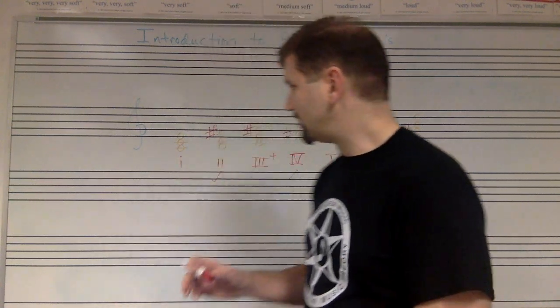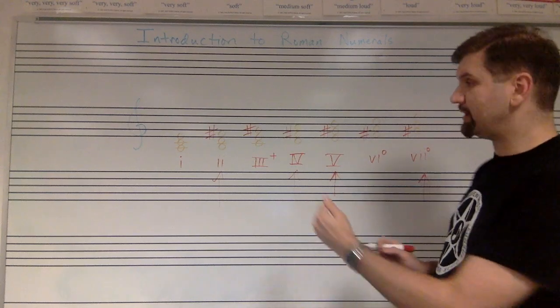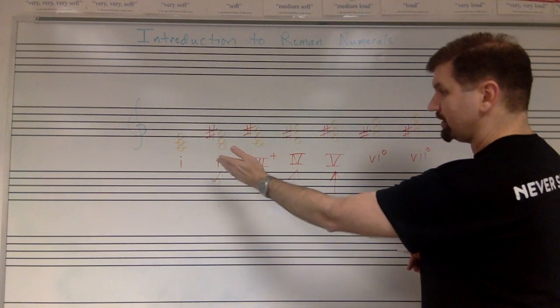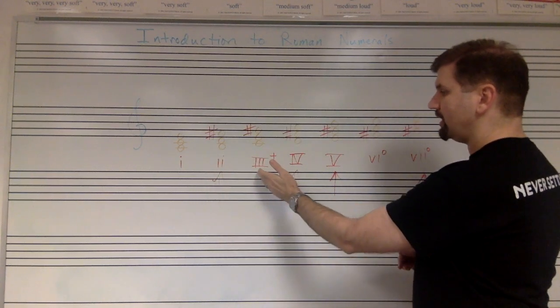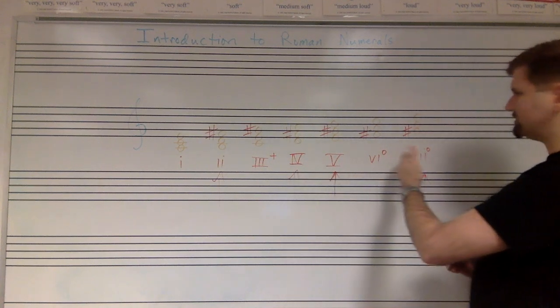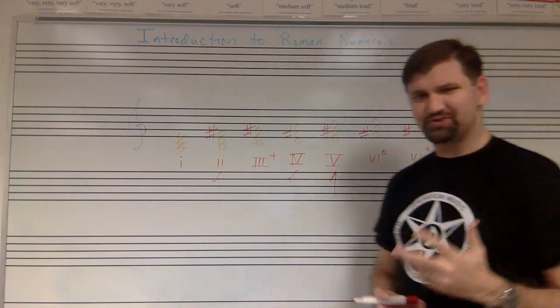Too many of those interesting notes taken from major and put into minor, and we lose the sense of identity of that key and that scale. So this is the pattern for melodic minor: minor, minor, augmented, major, major, diminished, diminished. And it's a very, very strange one.